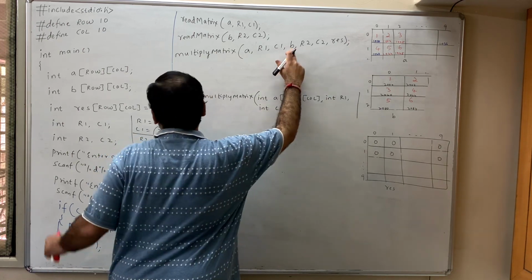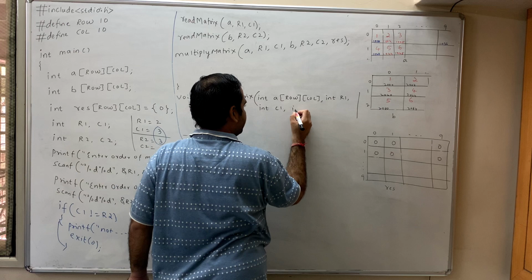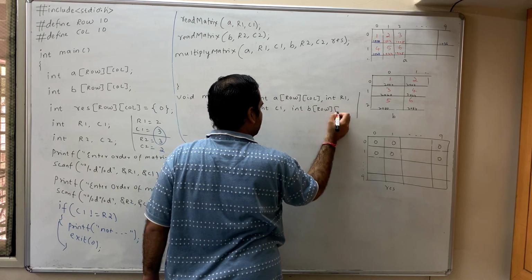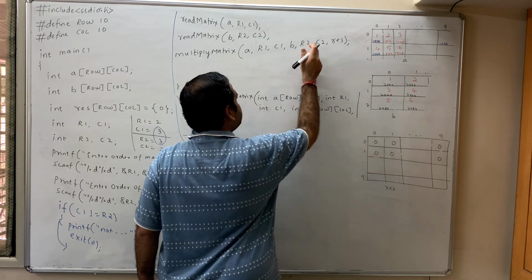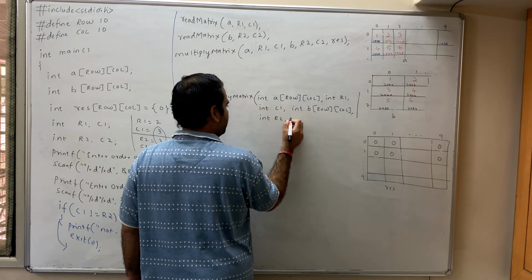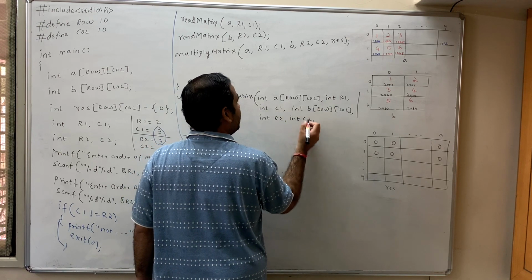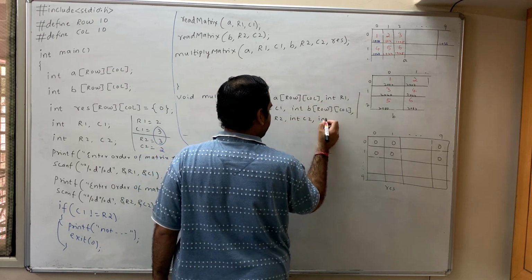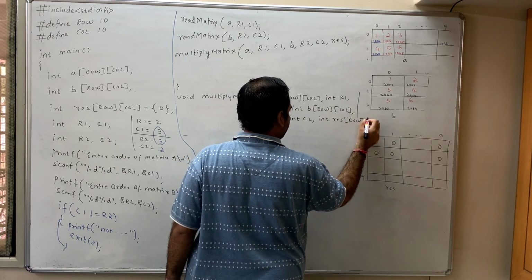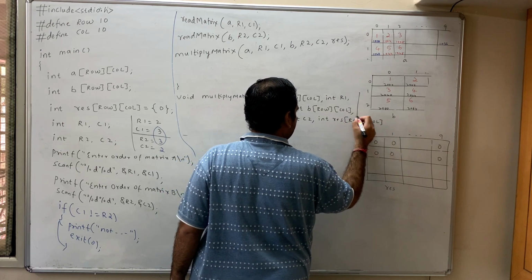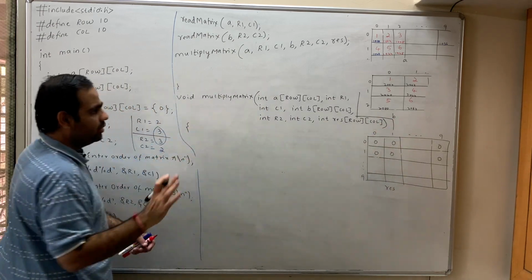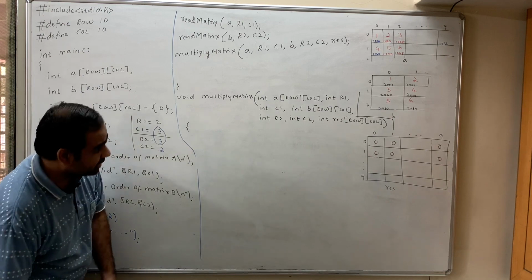The next parameter is B, it is an integer 2-dimensional array. What is the next parameter? R2 of type integer. What is the next parameter? C2 of type integer. And what is the last parameter? It is an integer 2-dimensional array. Is that okay? This becomes the prototype.